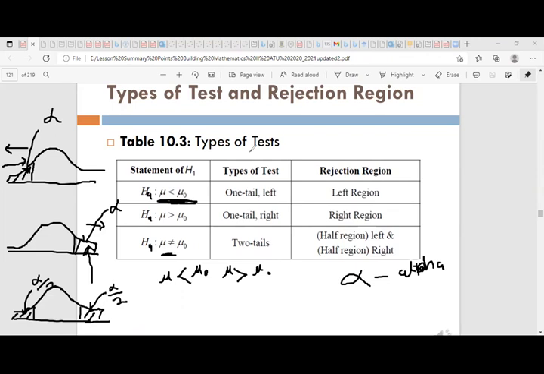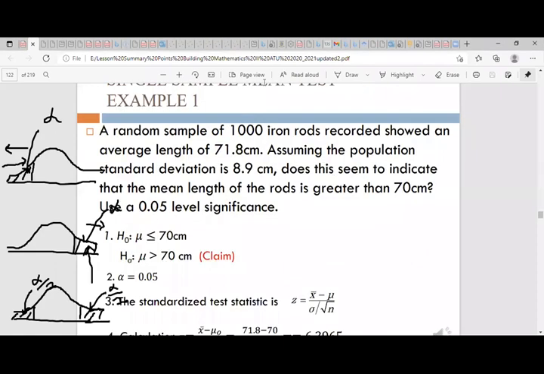Now let's move on to demonstrate whatever we have done with an example. Yes, so we've been given an example.